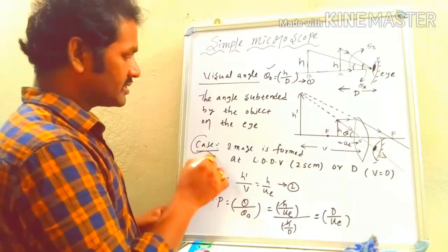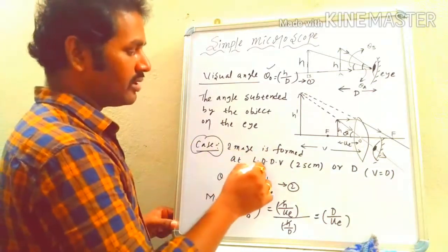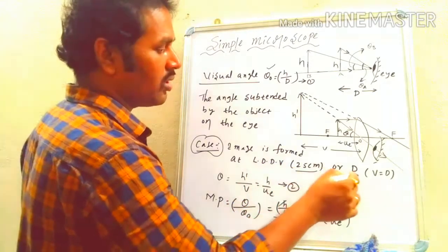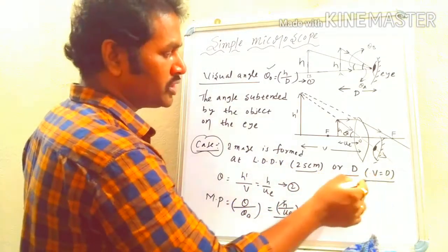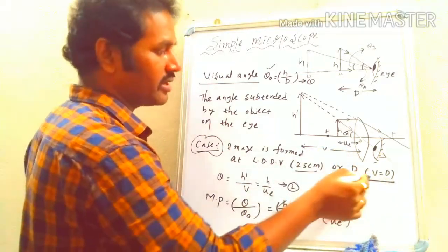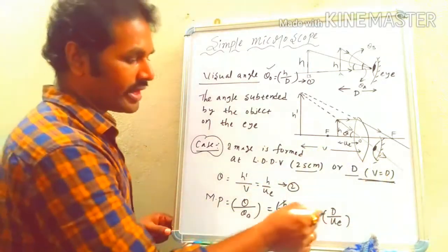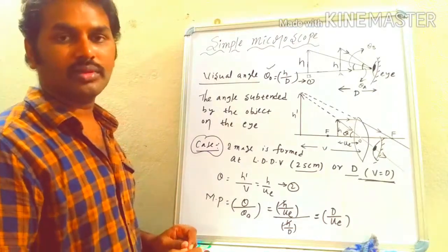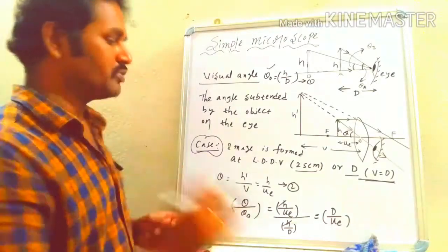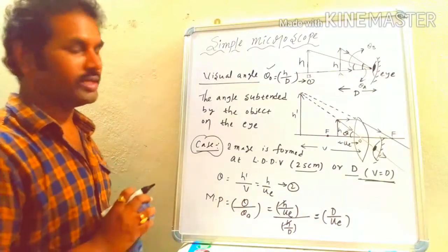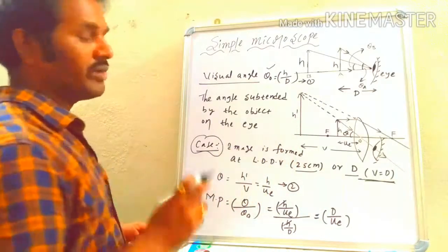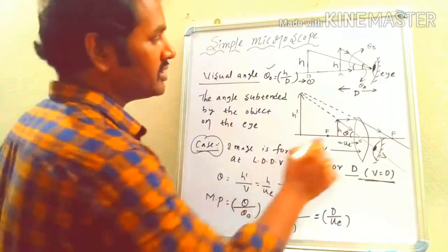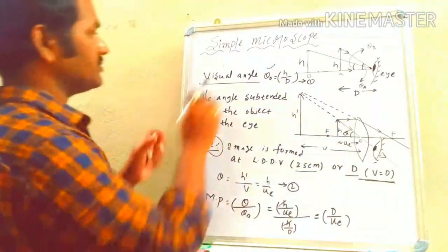In this case, the image is formed at the least distance of distinct vision, 25 centimeters or d, so v is equal to d, in order to get the UE value. Let us move forward to find UE, the position of the object, by fixing the image distance at the least distance of distinct vision.